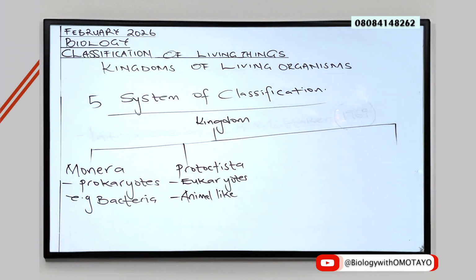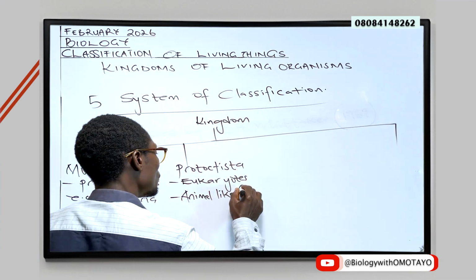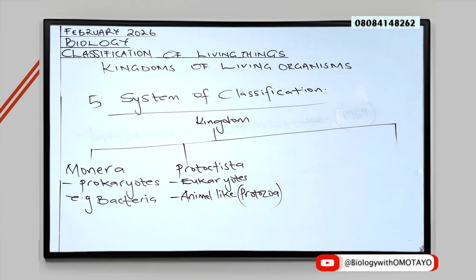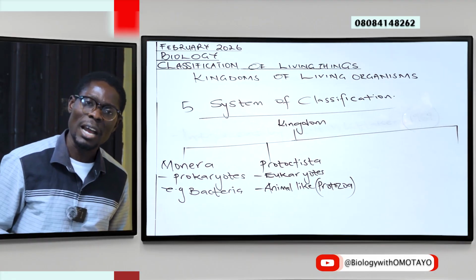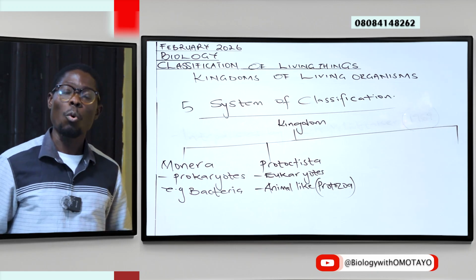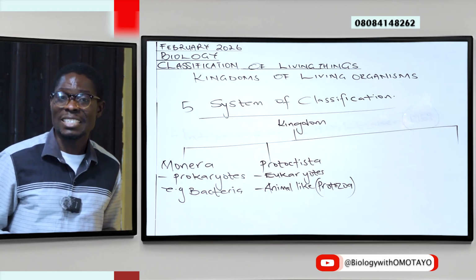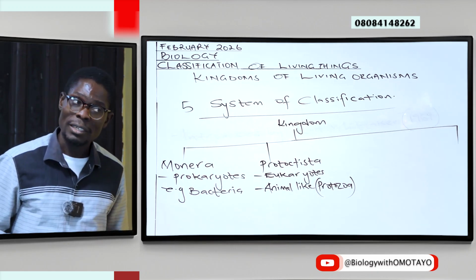Now, for this Protoctista, we have the ones that are animal-like. These he further grouped into a class referred to as Protozoa. While members of this kingdom that are plant-like were grouped into a phylum called Protophyta.